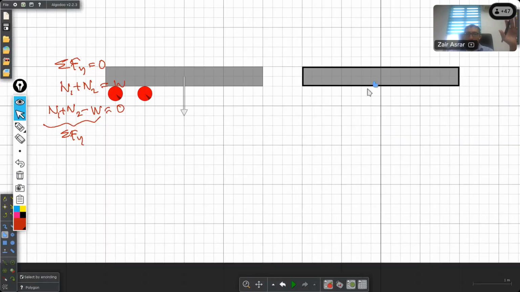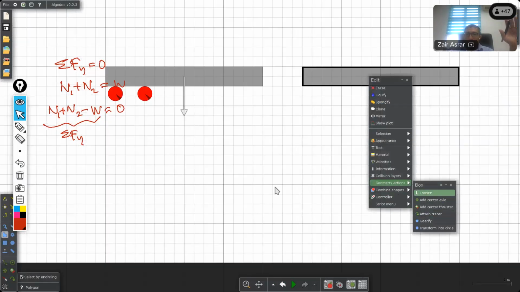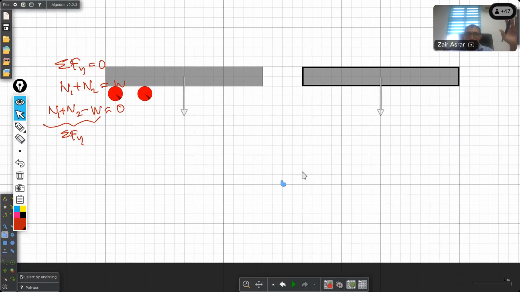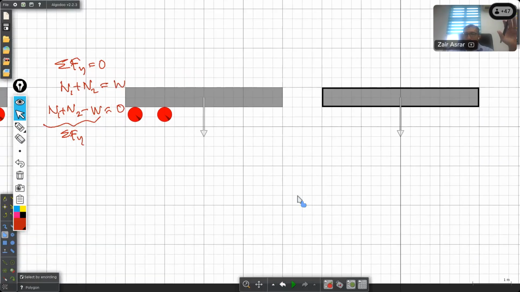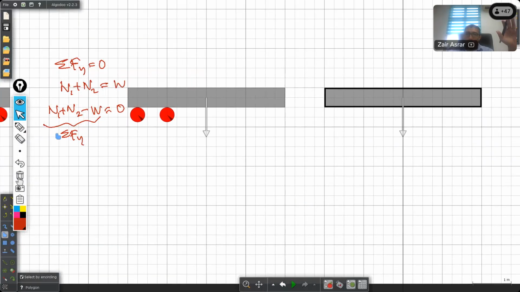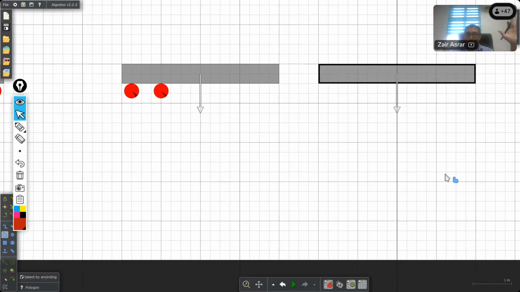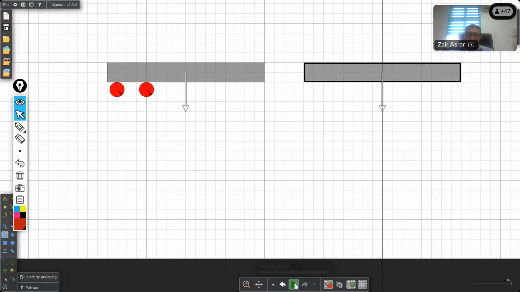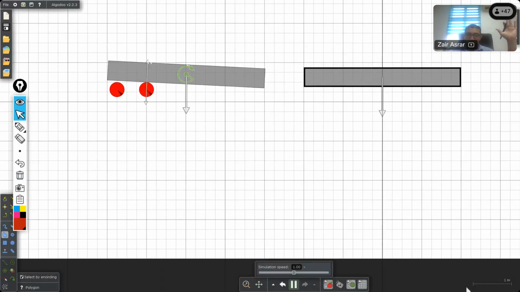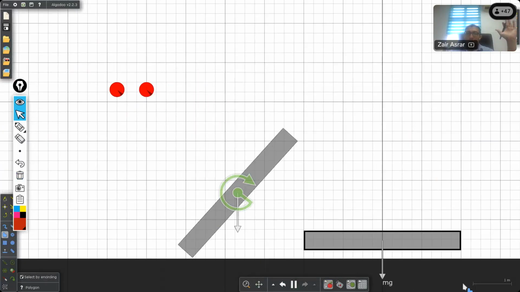Now I'm going to let this loose as well. In this case, summation of force along y equals 0, but in this case, there's nothing to support it. So now we want to compare the type of motion between these two. On the left hand side with support, on the right hand side without support at all. If I let it loose, what's the difference between the type of motion between these two?